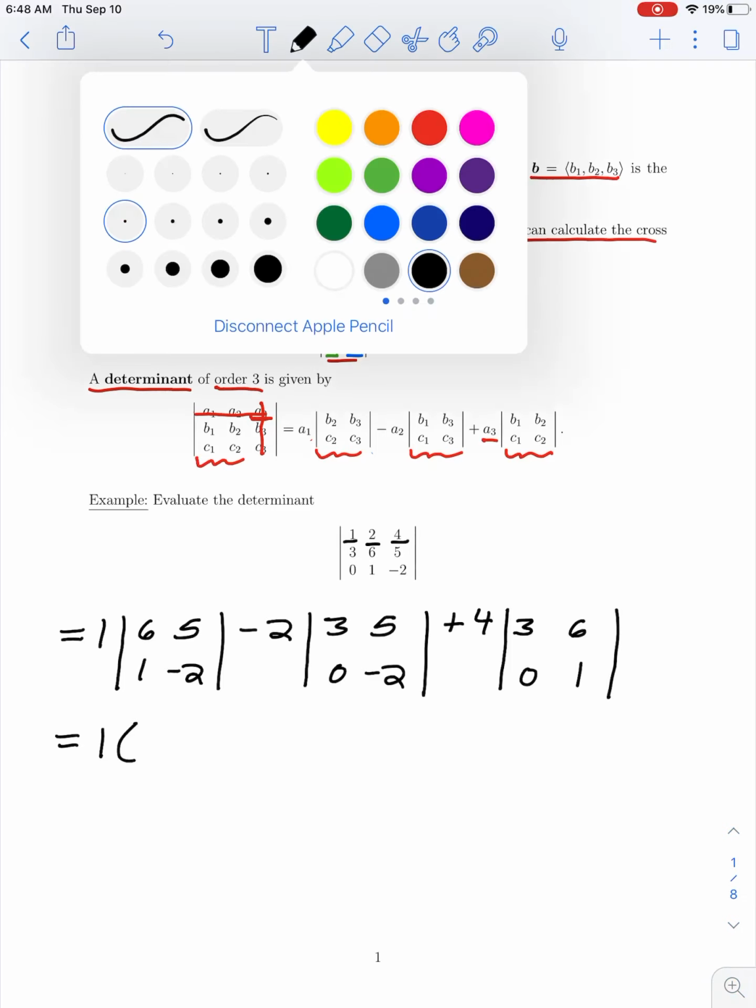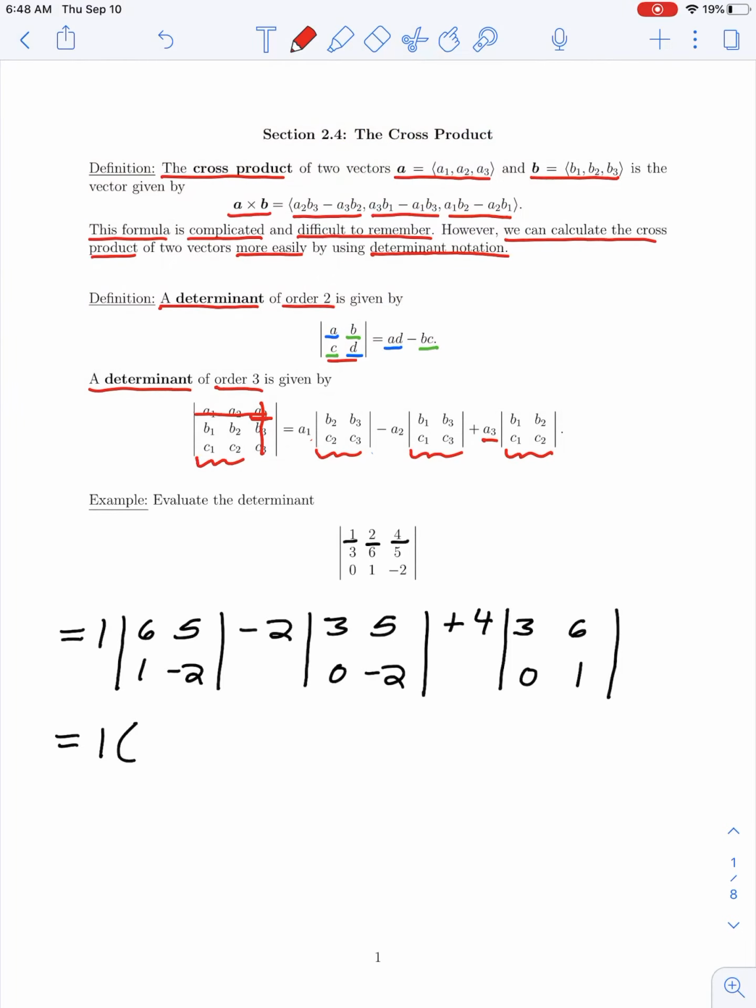Now remember, for the determinant of a 2 by 2 matrix, we're taking the product of the diagonal entries. So here 6 times negative 2 would be negative 12, and then we subtract the product of the off diagonals, which would be 5. So we had a negative 12, subtracting the product of the off diagonals is 5.